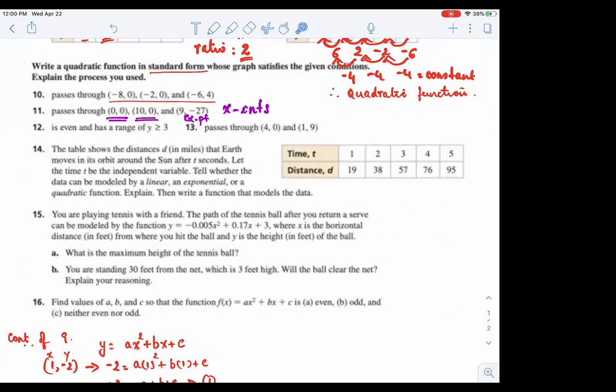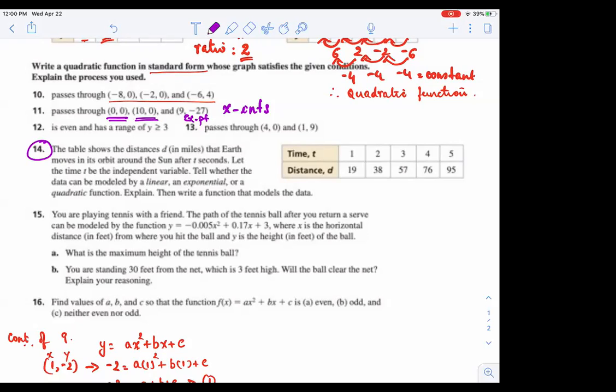Number 14. Okay, so what it says is that you have a data table.